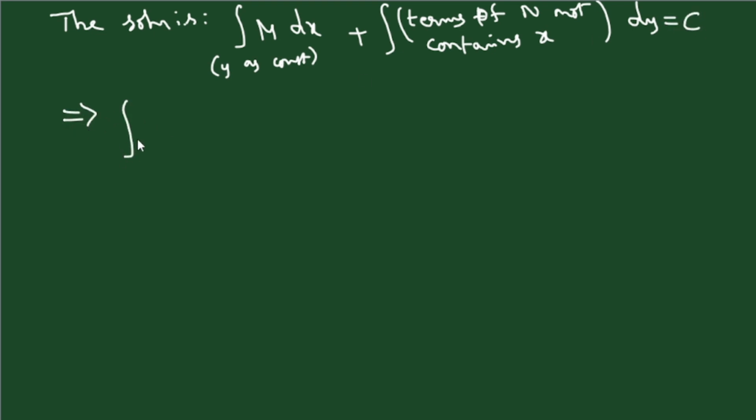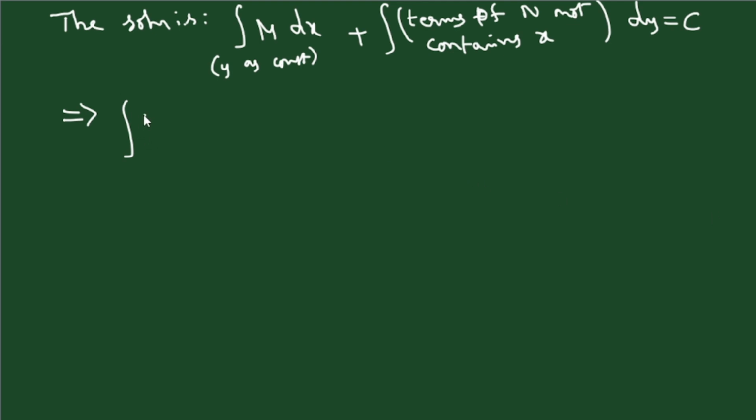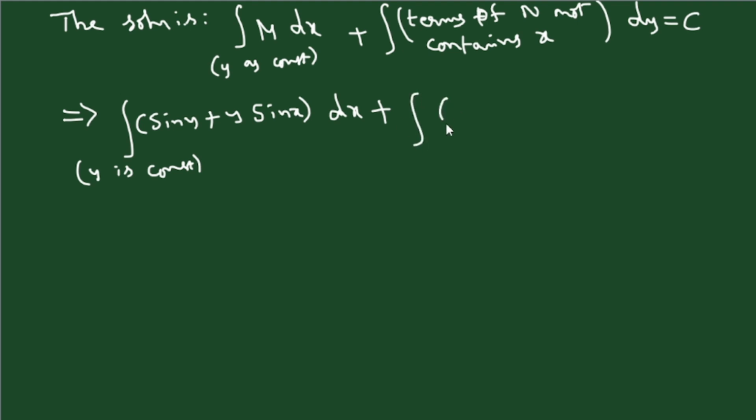But what is m here? M dx, here m is this thing, sin y plus y sin x, keeping y as constant, dx, plus integral of terms of n not containing x.